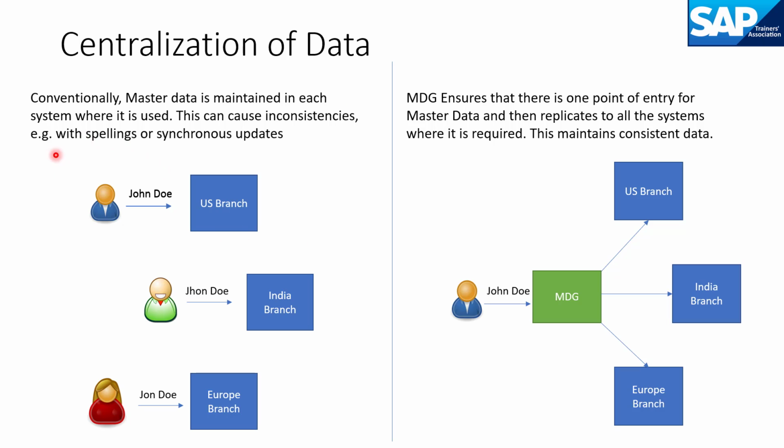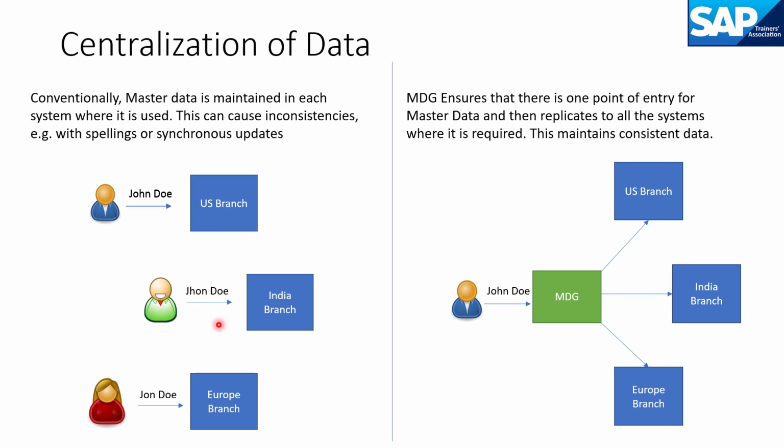Now, in the conventional system, what happens is there is a US branch, an India branch, and a Europe branch, and they all have their own ERP systems. The user in the US branch enters John Doe, correct spelling, everything's correct. That's fine.